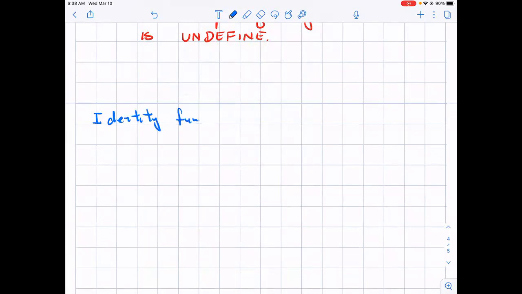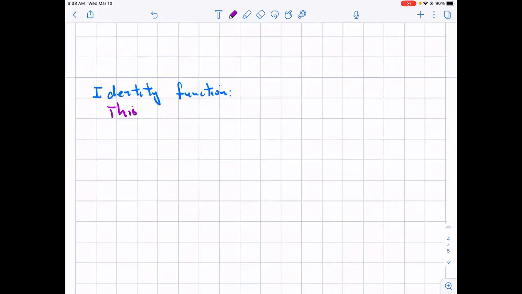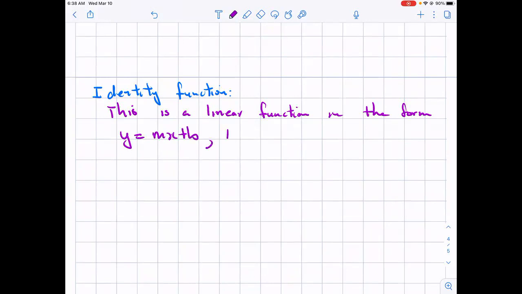The identity function is a linear function in the form y equals mx plus b, but the y-intercept, which is really b, is 0.